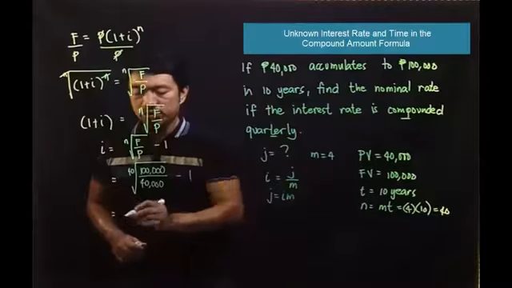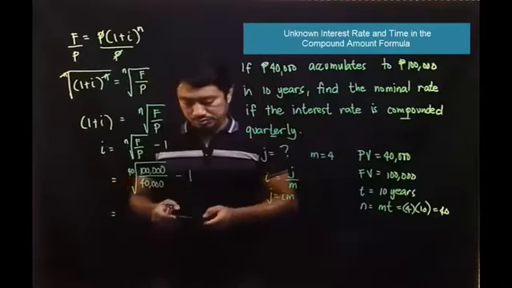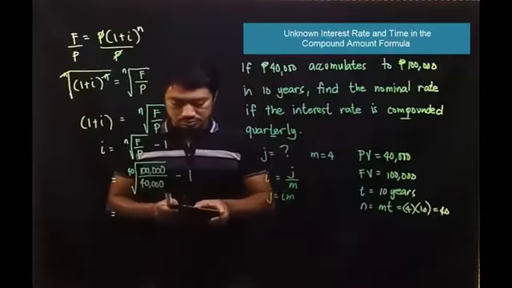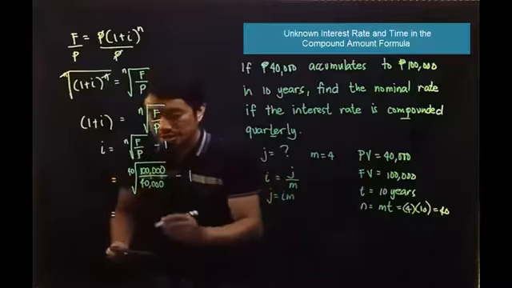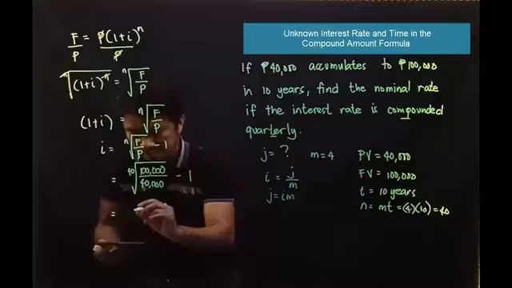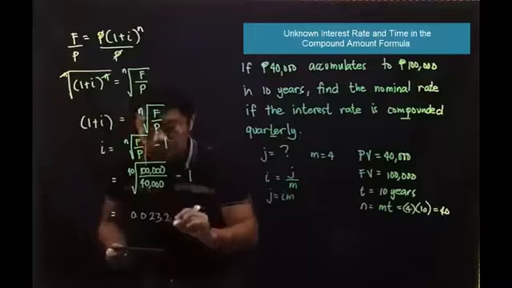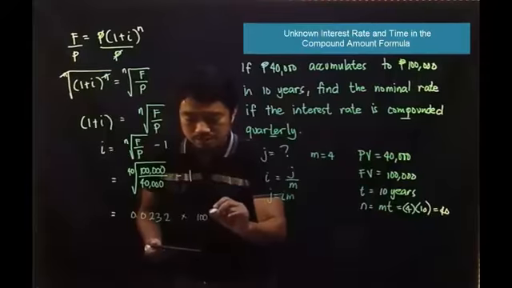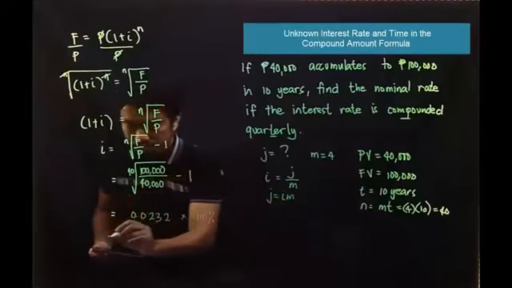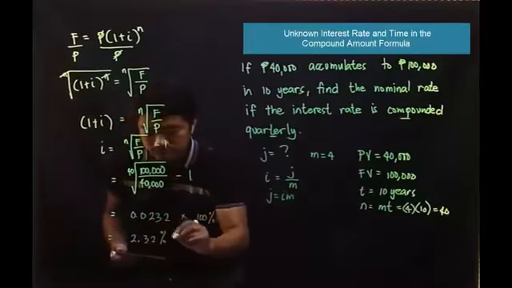So this value is equal to... So the value of I is equal to, taking 4 decimal places, 0.0232. We're going to multiply this by 100%. This is equal to 2.32%.